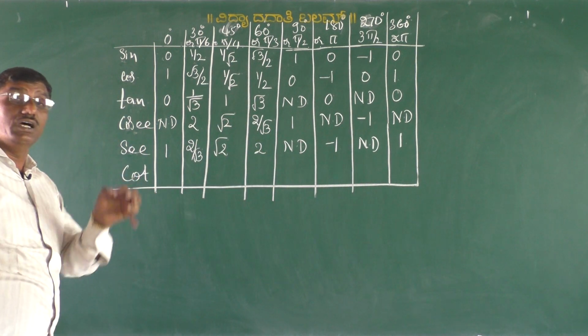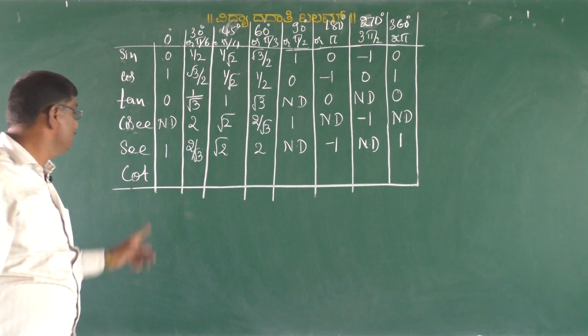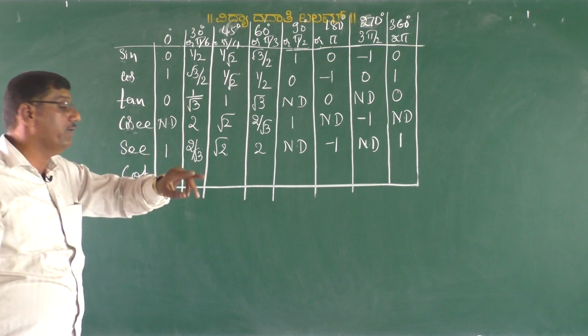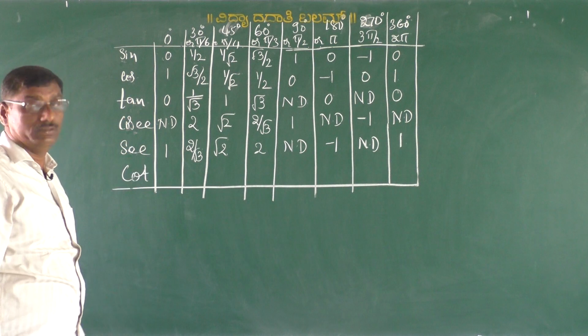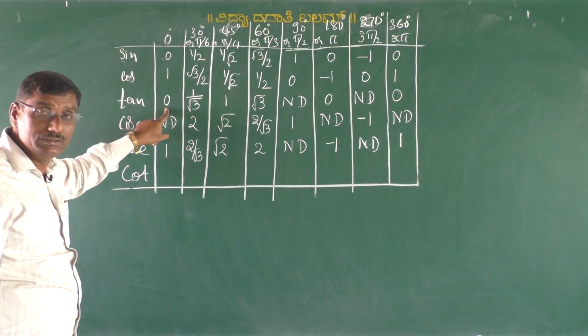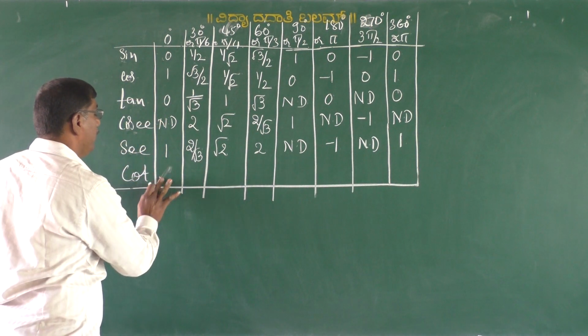The last one is cot, my dear students, which is the reciprocal of tan. Means, how can you write here? 1 by 0, this is not defined.